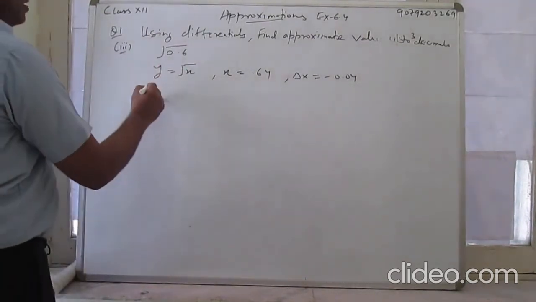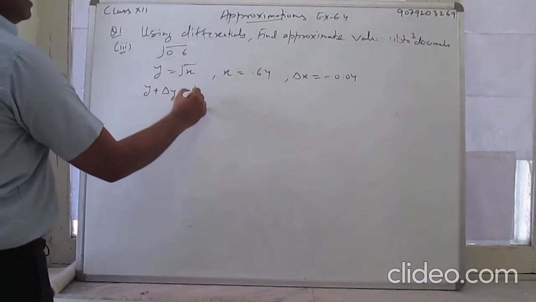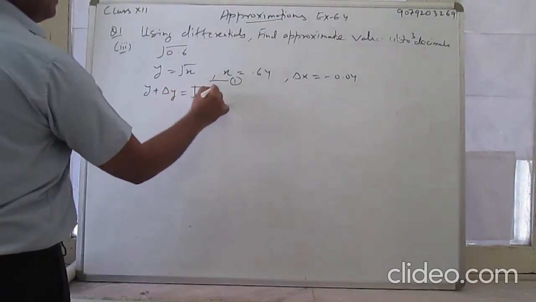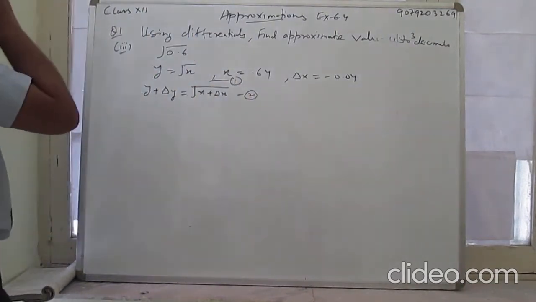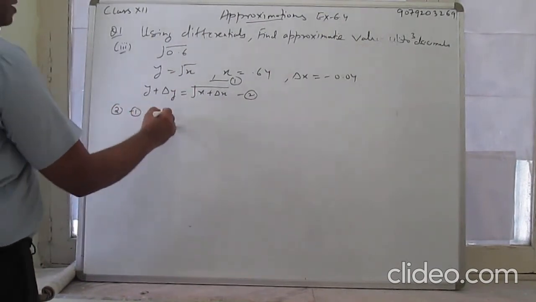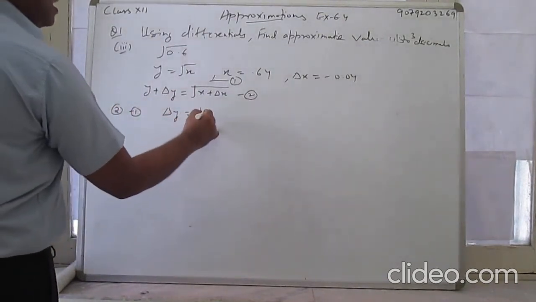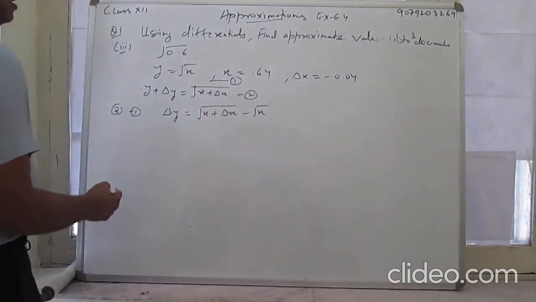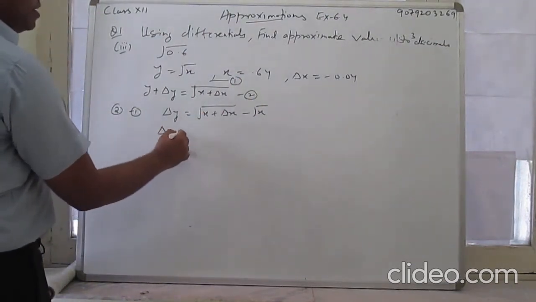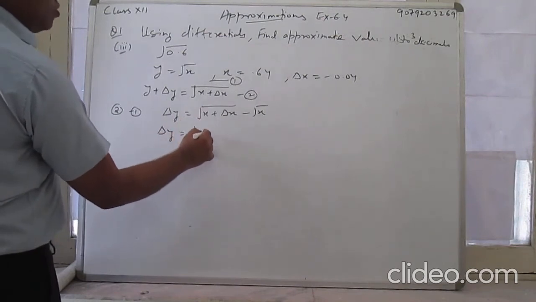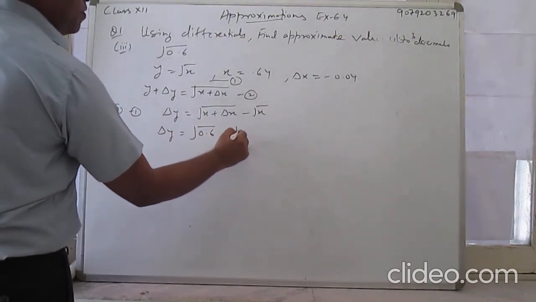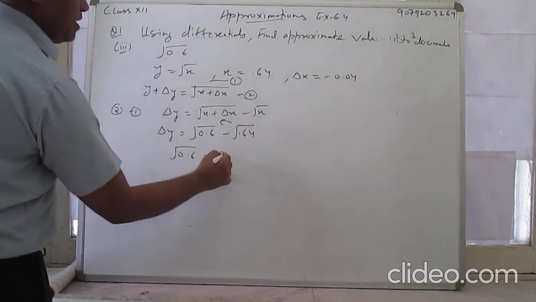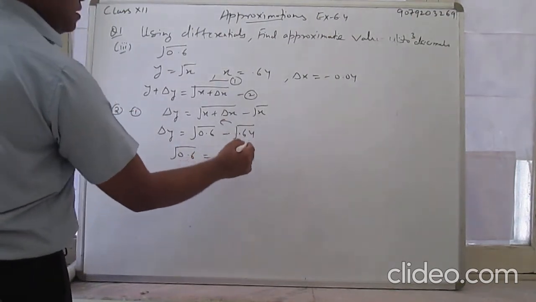Okay. Now y plus delta y, we can write, this is equation 1. Root of x plus delta x, equation 2. 2 minus 1. Delta y is equal to root of x plus delta x minus root x. So delta y is equal to root 0.6 minus root 0.64. This you transpose here, so root 0.6 is equal to delta y plus root 0.64.